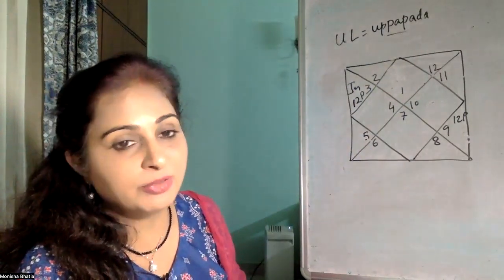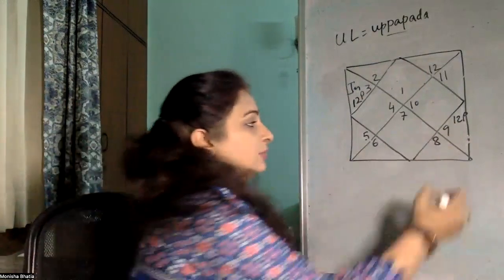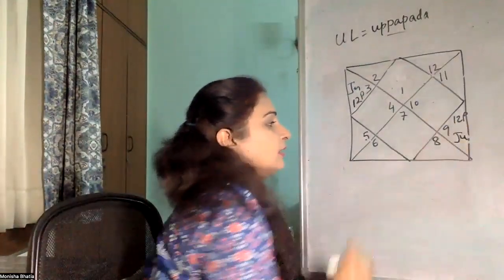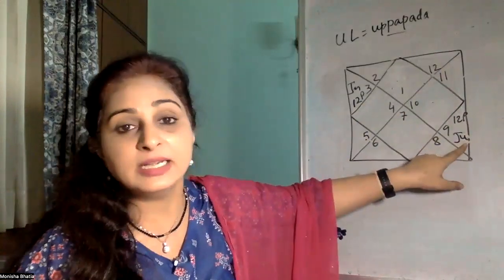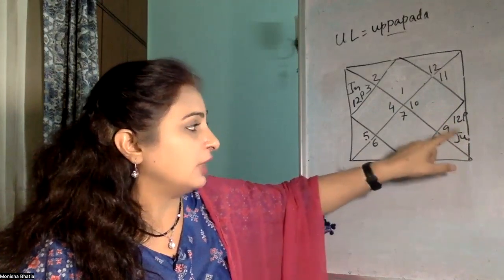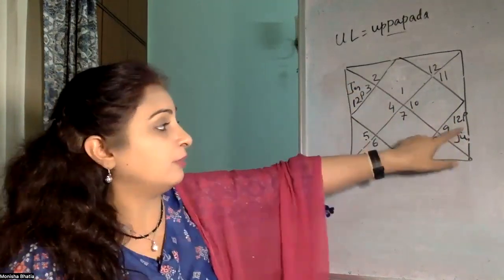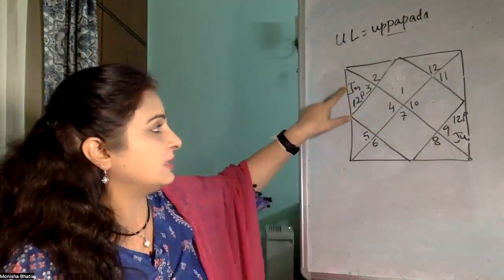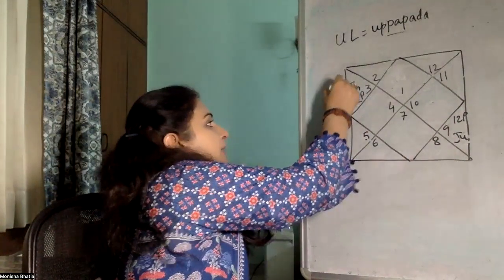Now the exception number 4 is that if the 12th lord, Jupiter, is sitting in the 10th house from itself. So from itself, this is the 10th house. So if Jupiter is sitting here, then the 12th pada will fall in the 7th house from this place. So from this place, the 7th house is this. So this becomes your 12th pada once again.